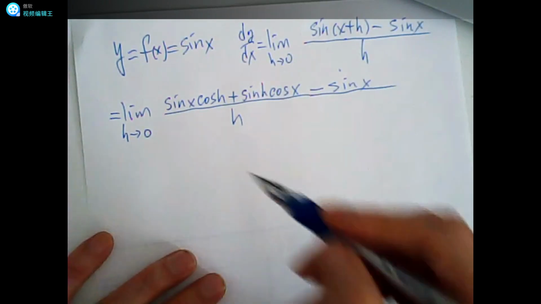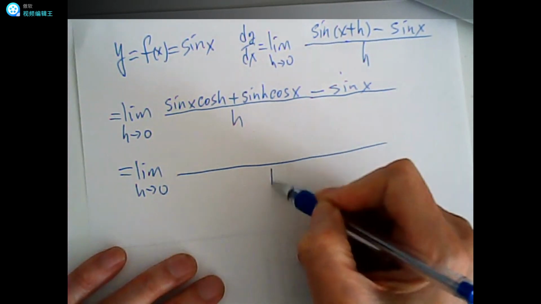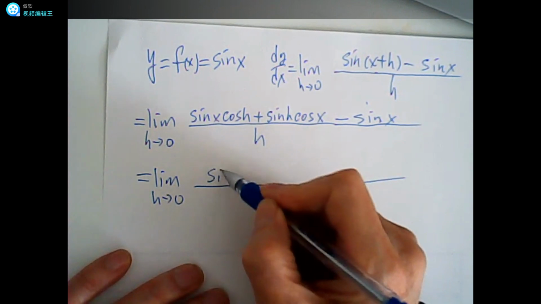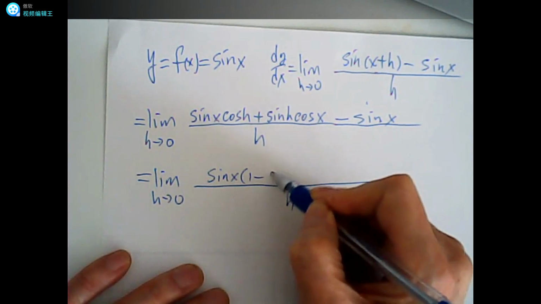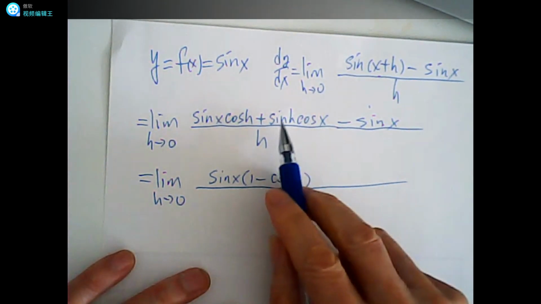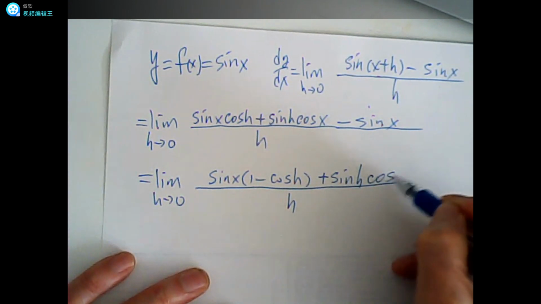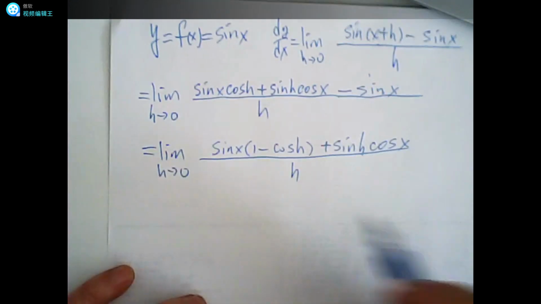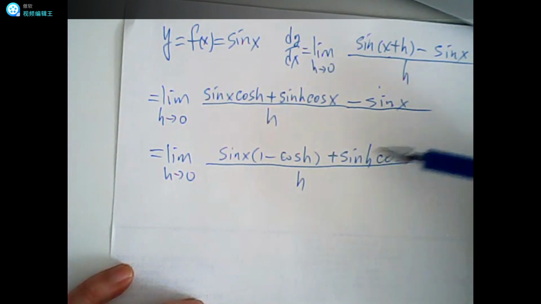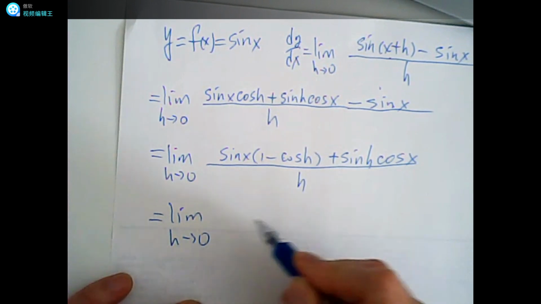That's straightforward. This is equal to the limit as h goes to 0 of h. And this one with that one, you have a common factor. So sine x, you have 1 minus cos h, right? And plus sine h times cosine x. And you have two fractions, right? This over h plus this over h.